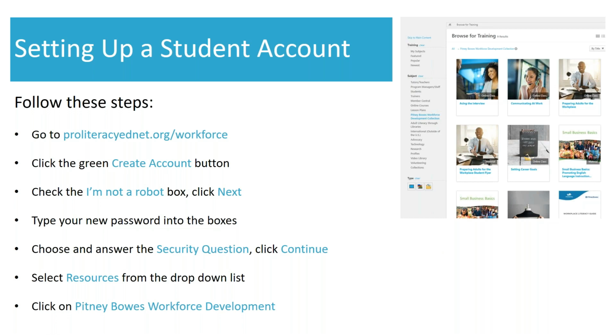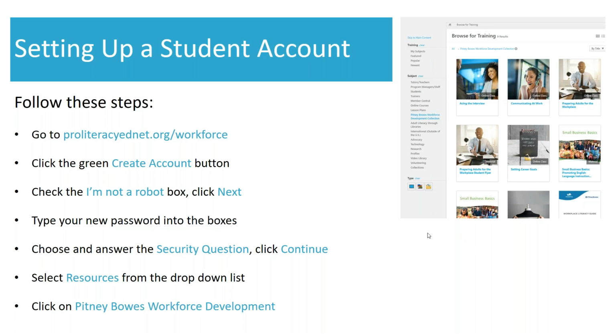On the right of your screen, what you're seeing is a sample of the resources that are currently in the workforce collection. If you go to the second row, the gentleman with his hand reaching out to shake hands, you'll notice there is a resource called Preparing Adults for the Workplace Student Flyer.